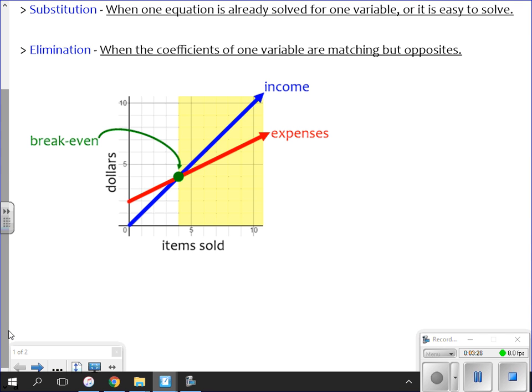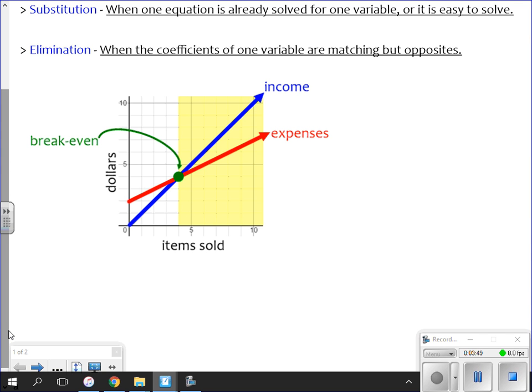When you have income, how much money you're bringing in, how many items sold. If you're selling at $10 a piece, you sell 10 of them, you get $100. You sell 15 of them, you get $150. You have a graph that describes how much money you're bringing in.